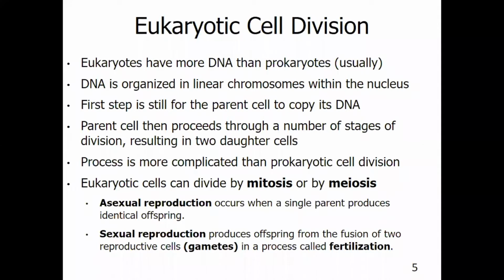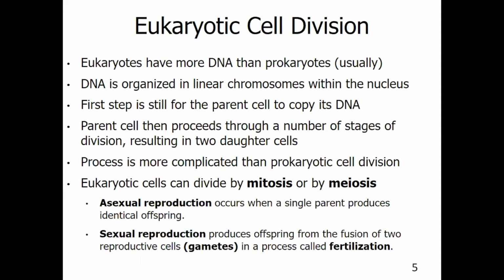The process of eukaryotic cell division is more complicated than how prokaryotic cells divide. Eukaryotic cells store their DNA within a nucleus. Now, eukaryotic cells still have to replicate their DNA just like prokaryotic cells did.